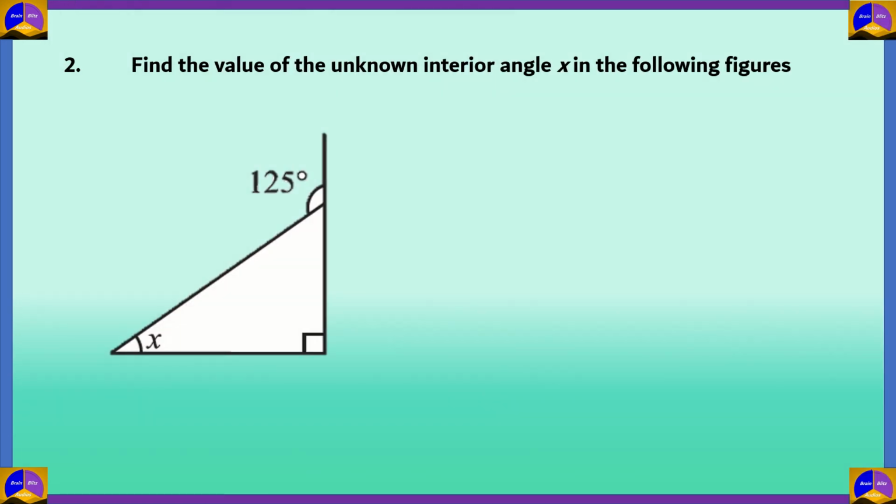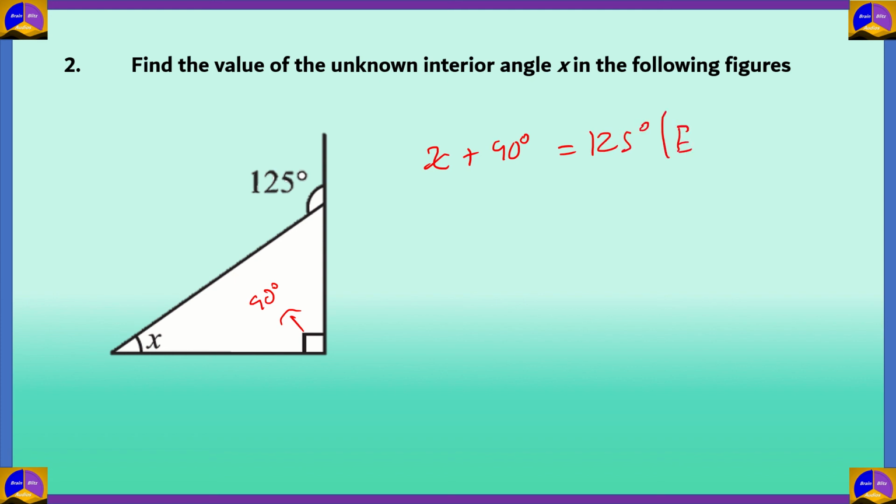Next question. So for this question, 125 degrees is the exterior angle. x is one of the interior opposite angles, while this is 90 degrees because a 90 degree right angle is represented using a square shape. So x plus 90 degrees is equal to 125 degrees.